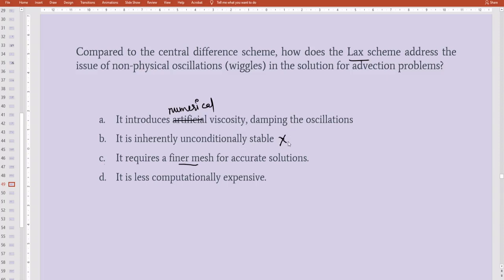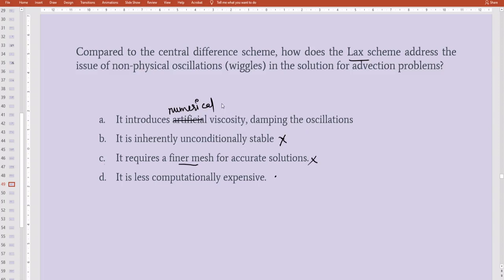So it won't be the case. We can just eliminate option B. Option C, it requires a finer mesh for accurate solutions. All the schemes need a finer mesh for accurate solutions, so that is not a difference. Option D, it is less computationally expensive. That is also debatable. Actually, the answer is it introduces numerical viscosity damping the oscillations.